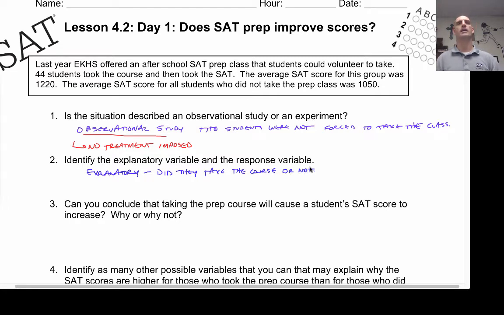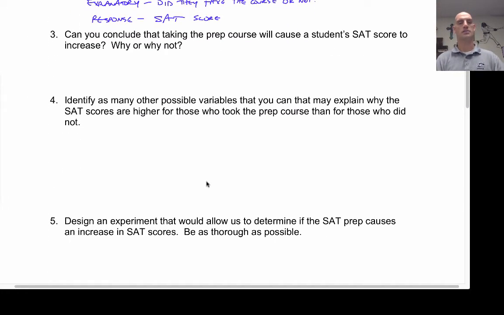Right, so this is kind of binary, yes or no. The response is their score, their SAT score, right? That's what we're measuring. That's what we're looking at. Was it affected by this? So explanatory is what we're using to predict it, what we're saying happened, and the outcome is the SAT score.